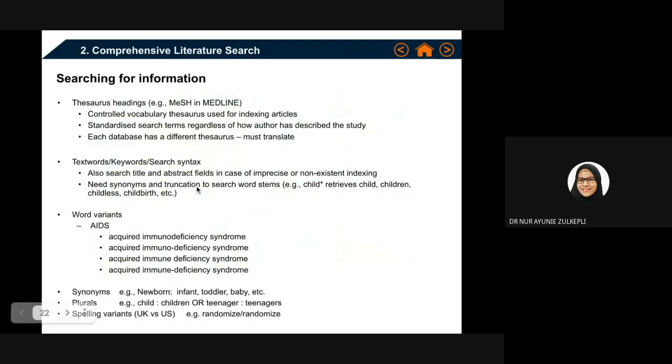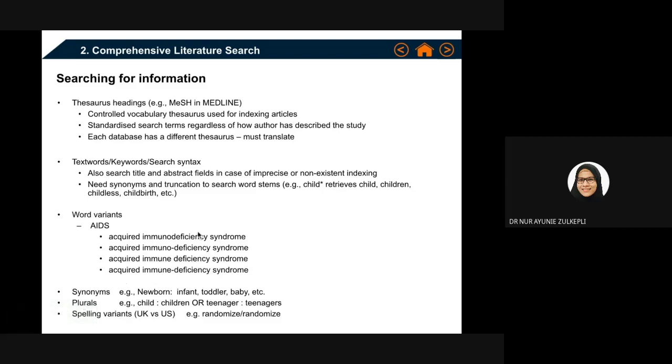Okay. So some tips for effective search strategy in your PubMed, because you're using PubMed, right? So I give examples for PubMed. You need this kind of information. For example, the synonym of thesaurus heading, or you can use the text word, keyword, or search syntax. Or you can use word variants for AIDS, for example, acquired immunodeficiency syndrome, or immune deficiency, or immune deficiency syndrome, something like that.